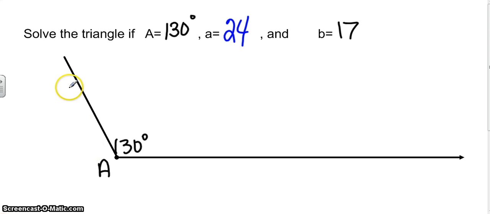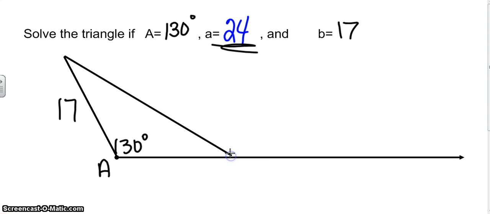That's A. B is 17. And A is 24. So A is longer than the 17. The only thing that can possibly happen here then is that I have one triangle. So that's 24. And this is B.